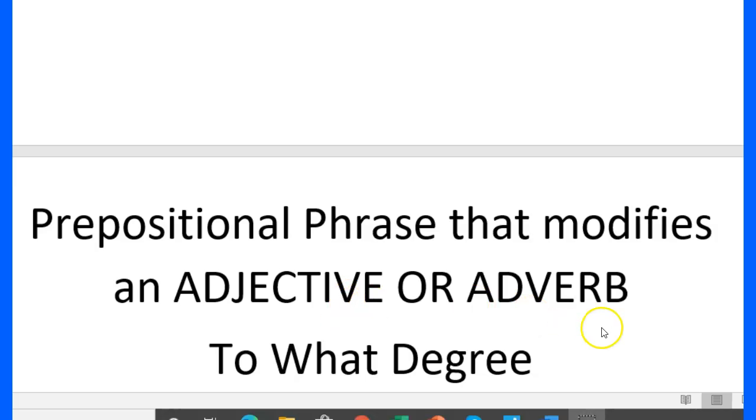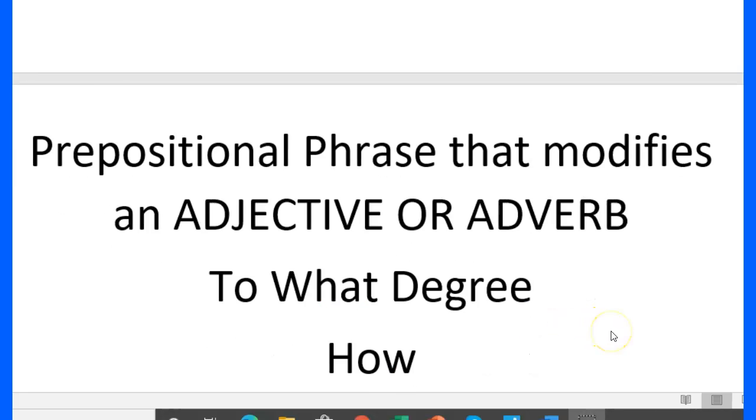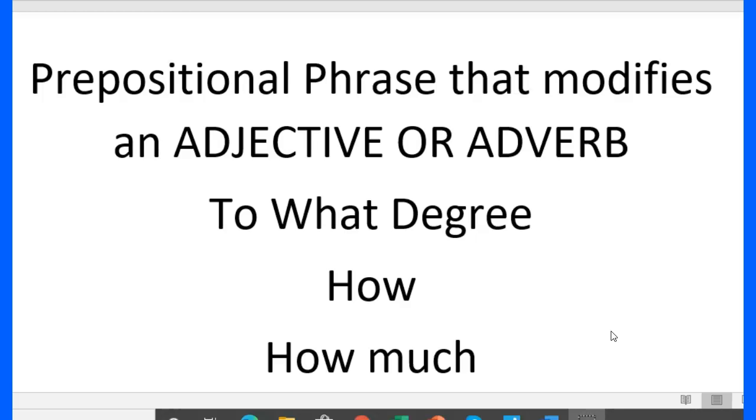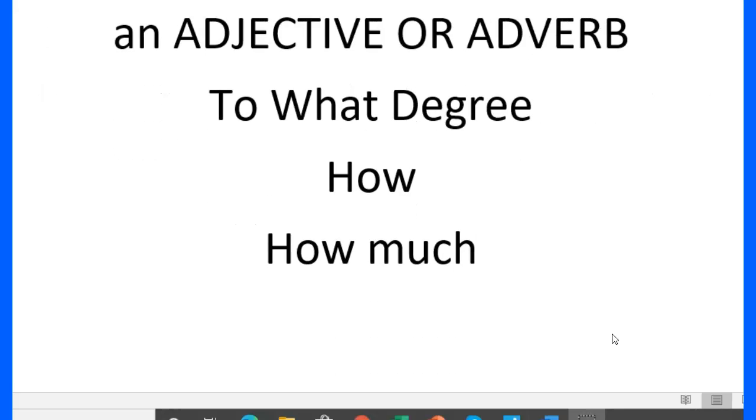This information is also in your book on page 385 in the gray box. And you would find those on the second and third bullet points. So just remember to always be looking at what question does this answer, and that will help you to clarify whether it's an adjective prepositional phrase or an adverbial prepositional phrase.